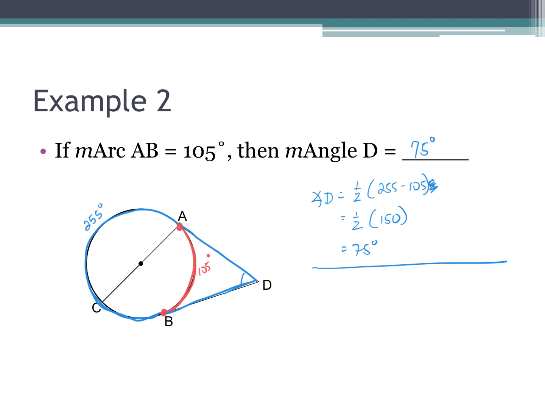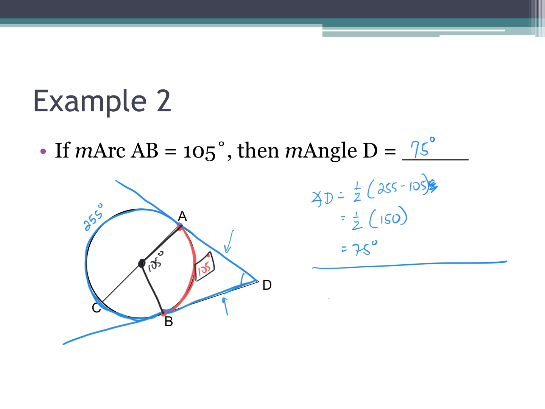Now, what you could have also noticed in this one is that this is one of those special cases where it's made up of two tangent lines, and basically the circle is kind of inscribed within them, because these lines kind of go out like that. And so the angle is circumscribed about the circle. Well, this is that special case where if you just make this a central angle, if this is 105 degrees, you know the central angle is 105 degrees as well.